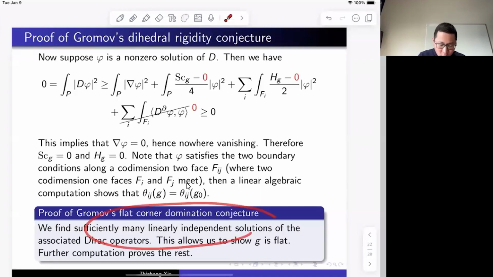And for the stronger version of the flat corner domination conjecture, you can change the boundary condition and obtain a family of sufficiently many linearly independent solutions, and you prove the metric is actually flat.